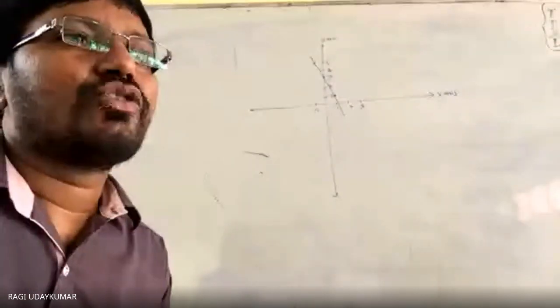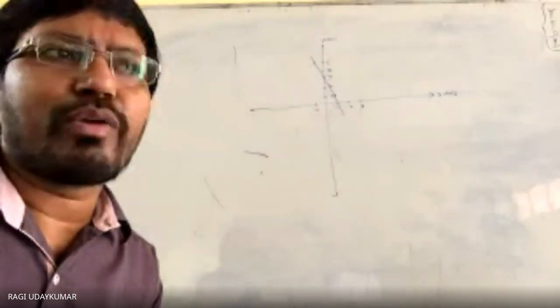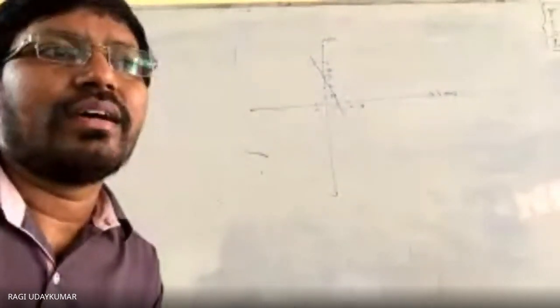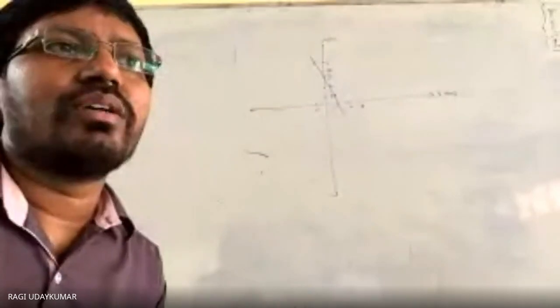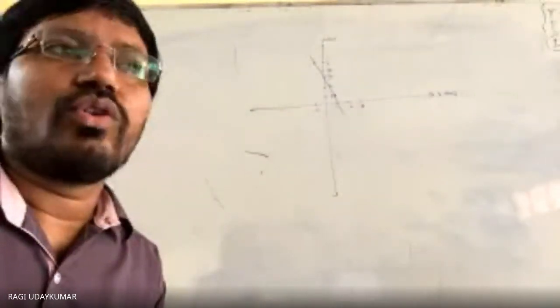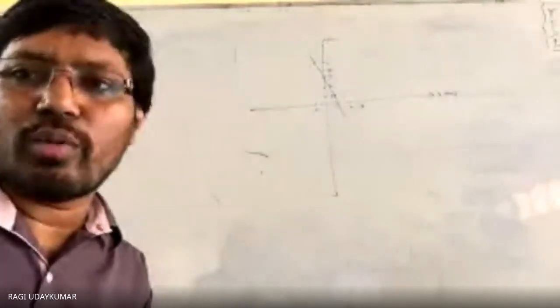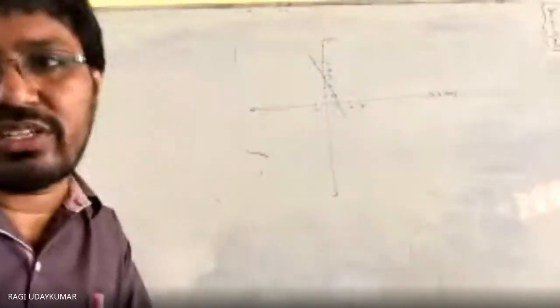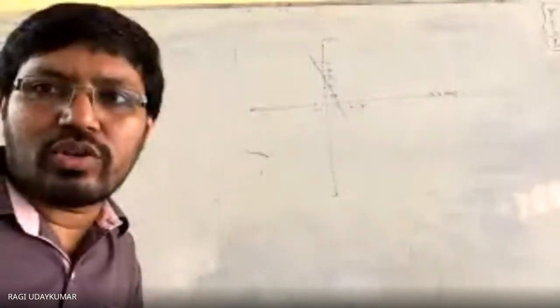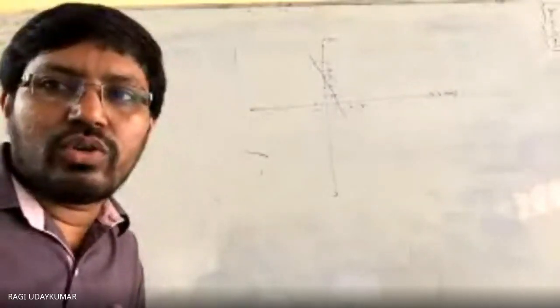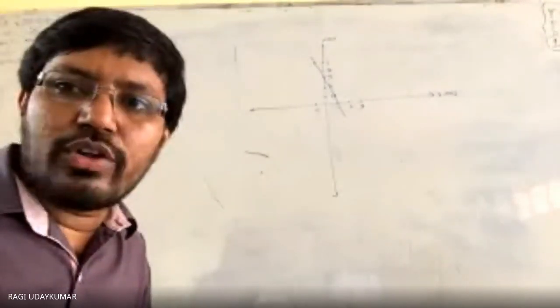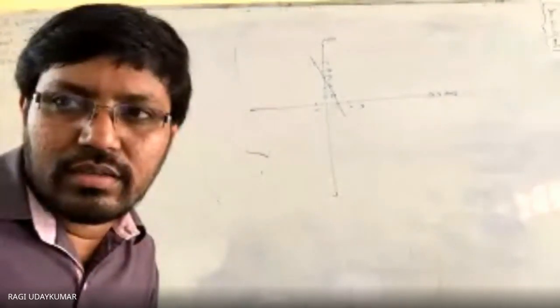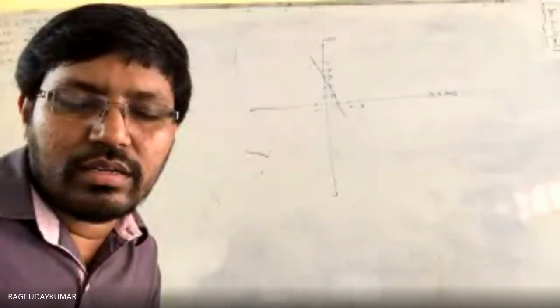So try to solve the problems which are possible for you. 4 problems are left over in this exercise and along with that, 4 problems in 4.4 are also there. So let us go for these problems in the next class. Next class में हम लोग करते हैं, but you try to complete it. Time is also not there now. So if you have any doubt, you can ask. No doubt.